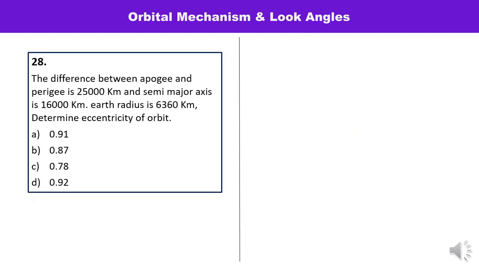Next question is, the difference between apogee and perigee is 25,000 kilometer and semi-major axis is 16,000 kilometer. Earth's radius is also given and you have to determine the eccentricity, and then you need to check your answer with the options being given over here.